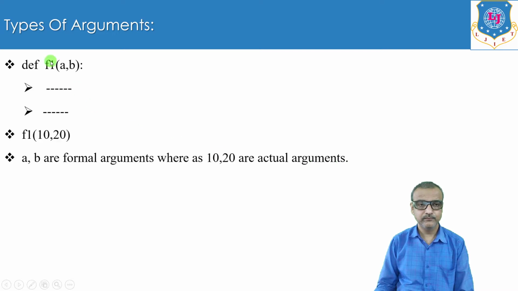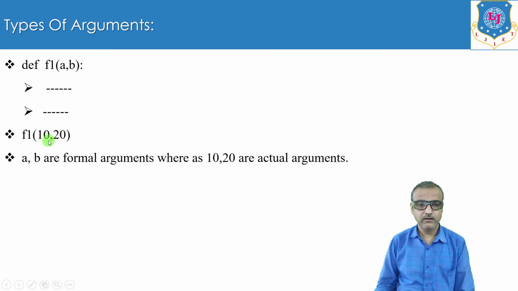First of all, we will see types of arguments. Here we have declared one function with the help of keyword def. This is the function name f1, and a, b are the parameters, and here we have the body of the function.